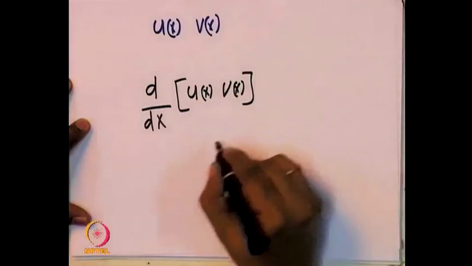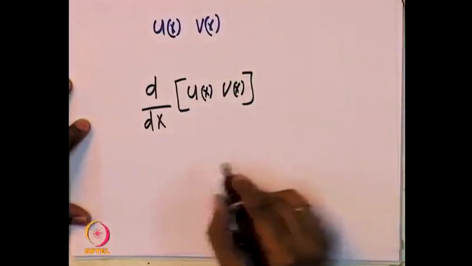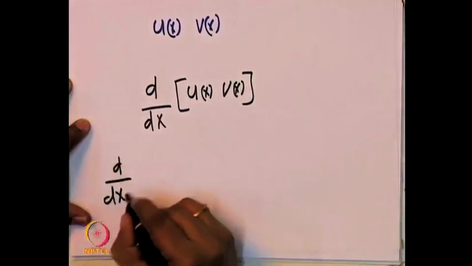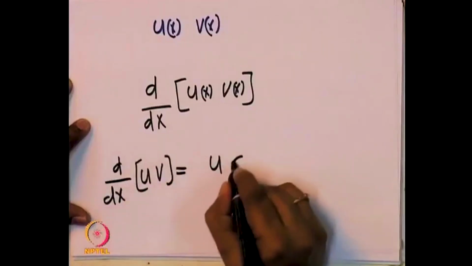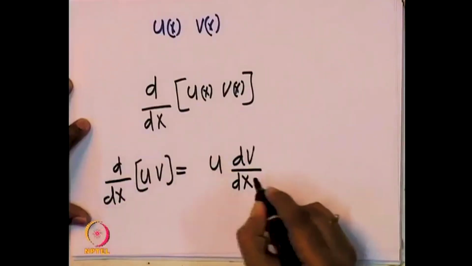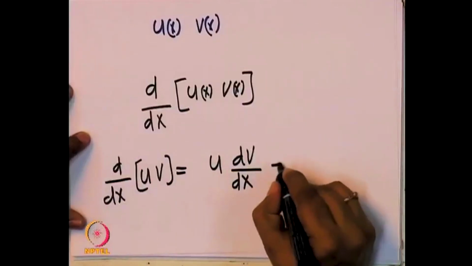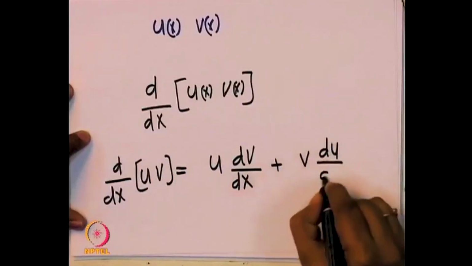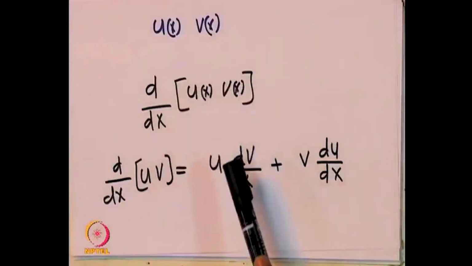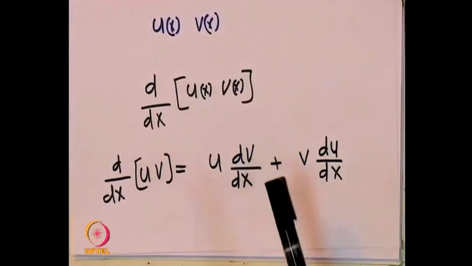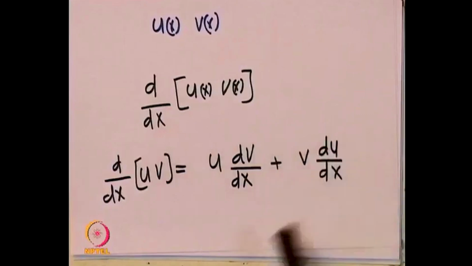The derivative of this, d by dx of u v, is u into dv by dx plus v into du by dx. We learned this in calculus. We will call it the product rule. That is, the derivative of the product of two functions is the first function into the derivative of the second function plus the second function into the derivative of the first function. This is what we learned.